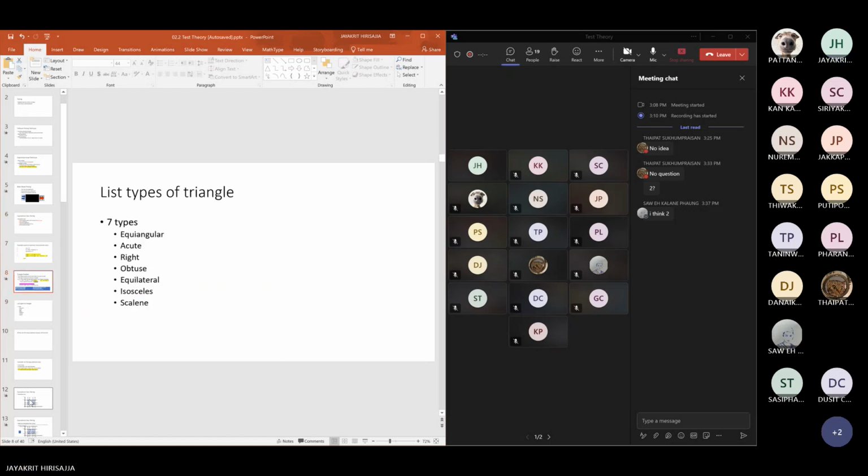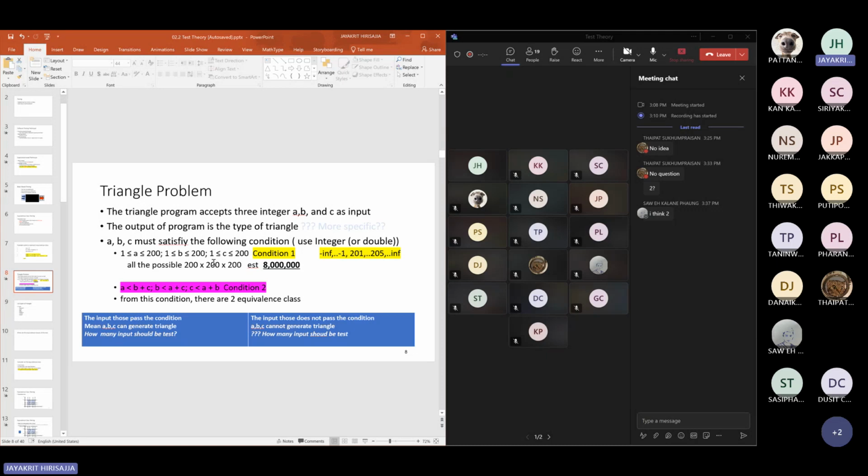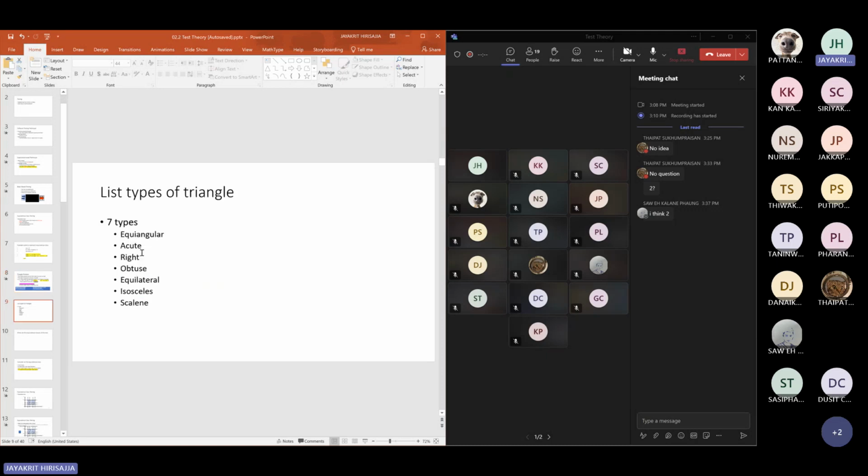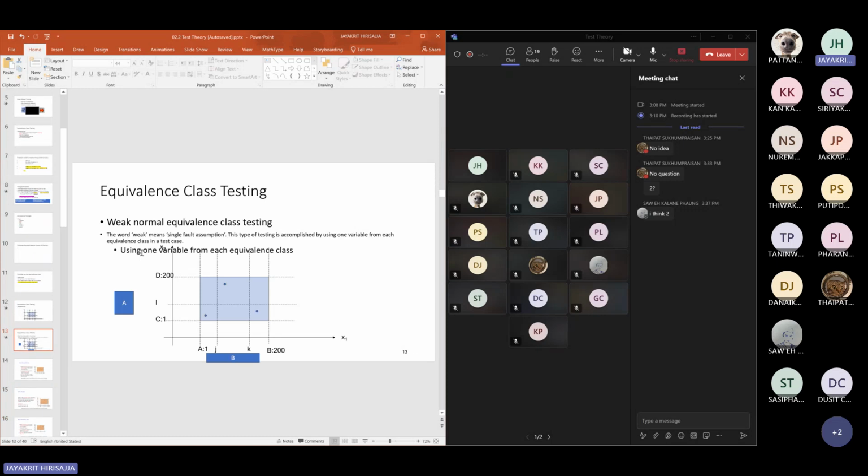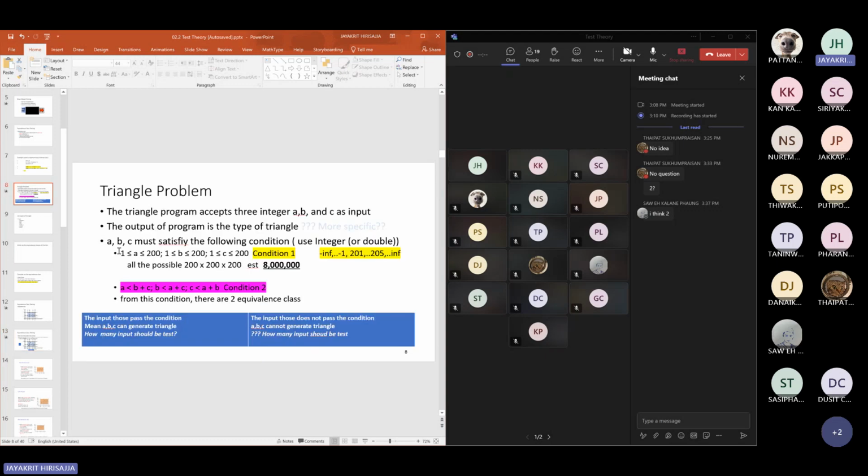And from this condition A, B, and C as the triangle problem, if we think about weak equivalent, we may think about inputting A between 1 to 200 is okay, and B between 1 to 200 is okay, but that is only okay for the first condition.